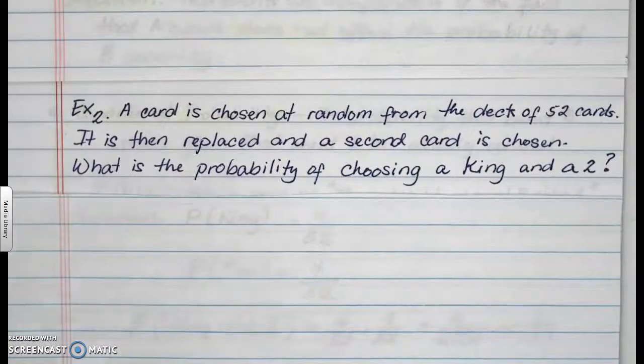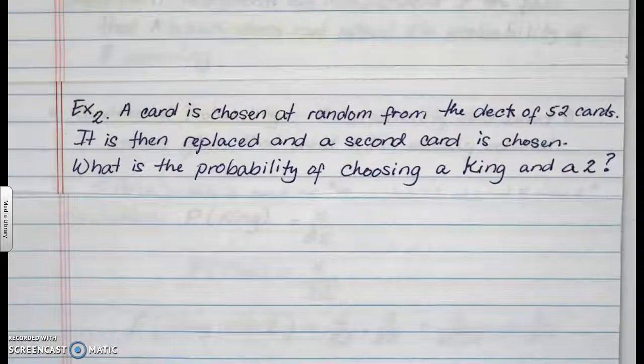Let us now go to example number 2. A card is chosen at random from a deck of 52 cards. It is then replaced and a second card is chosen. What is the probability of choosing a king and a 2? Let us clarify one thing here.